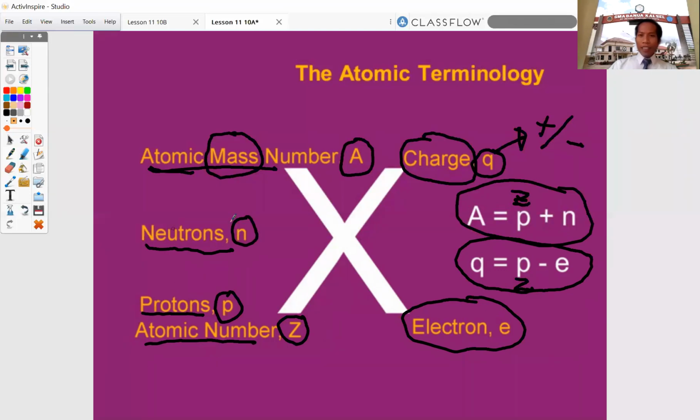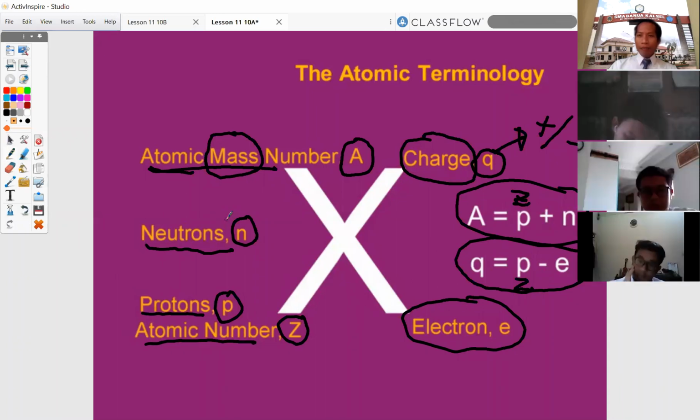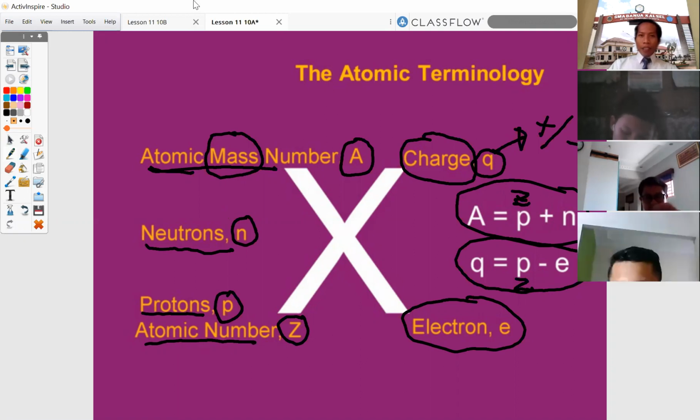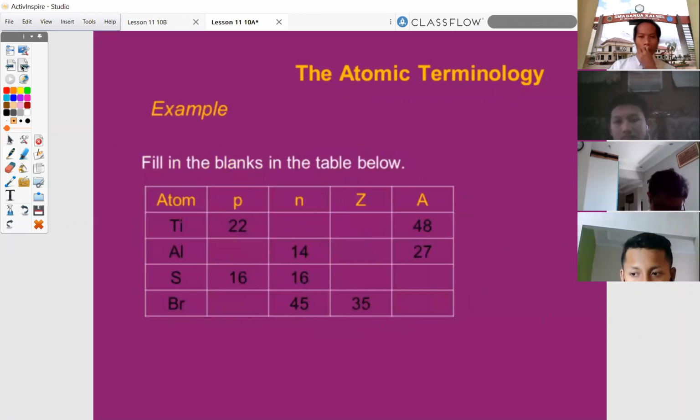Okay, is that clear about the atomic terminology here? Do you have any questions? Clear, yeah? Okay, good. If it is clear now, let's continue. Now there is an example here.